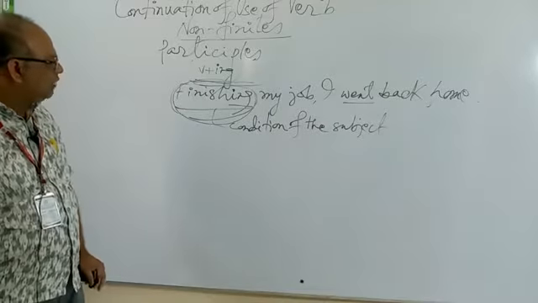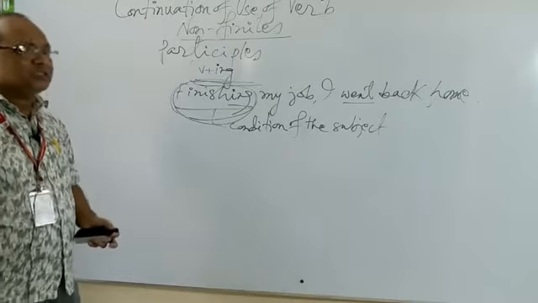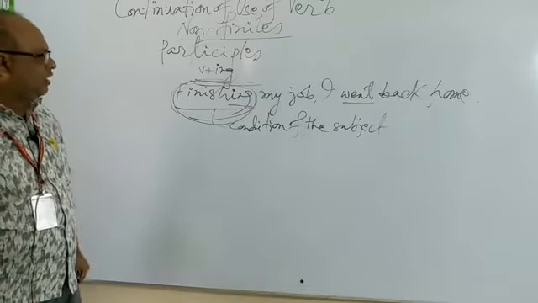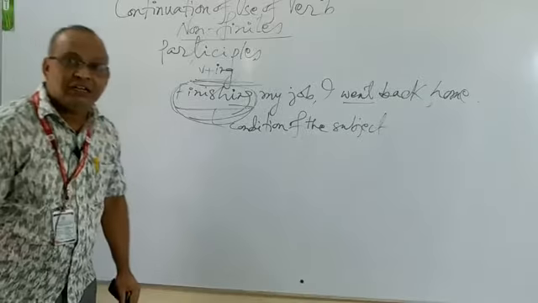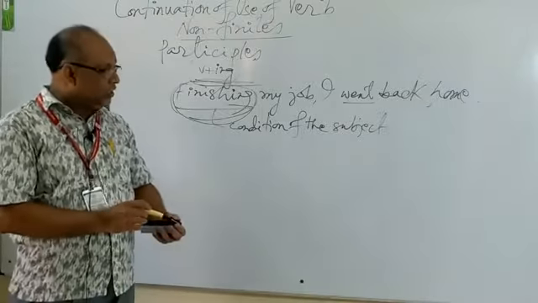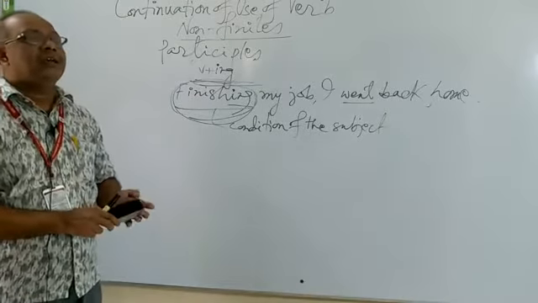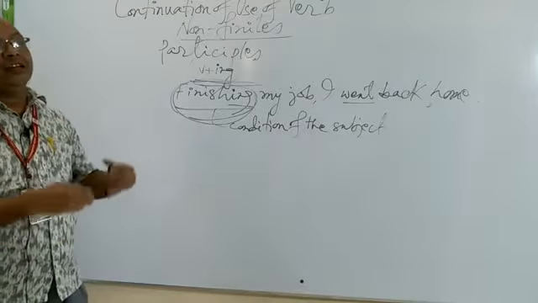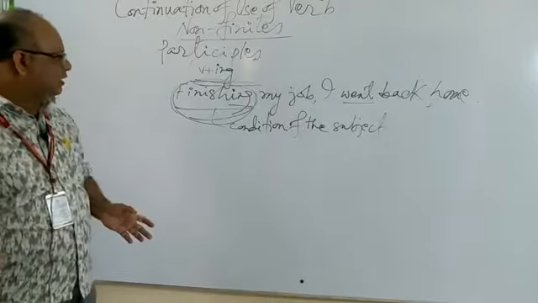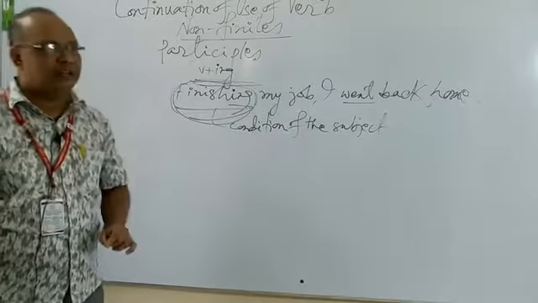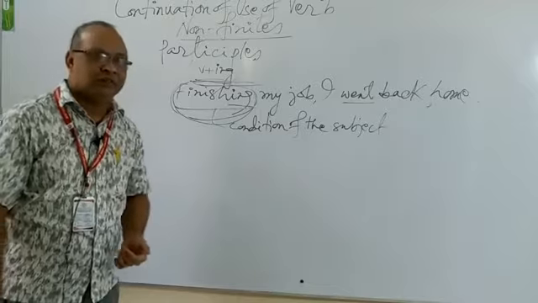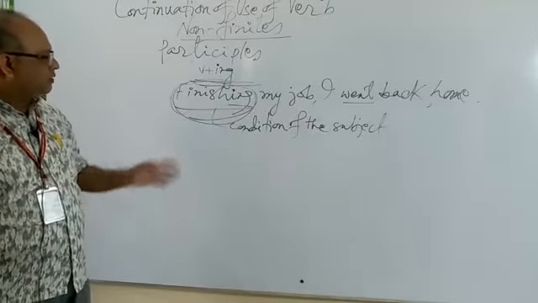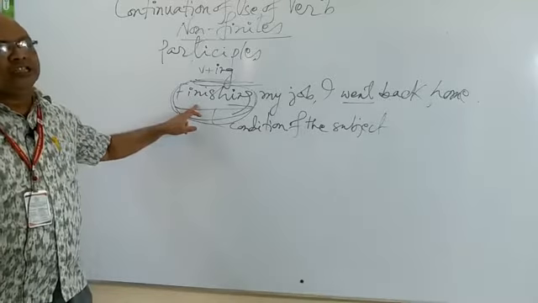I went back home, then you will have to use one preposition after: I went back home after finishing my job. That will also remain a simple sentence, and using after does not denote the use of a complex sentence. It depends on the use of finite verbs. There must be two finite verbs for being a complex sentence. So this is the example of condition.